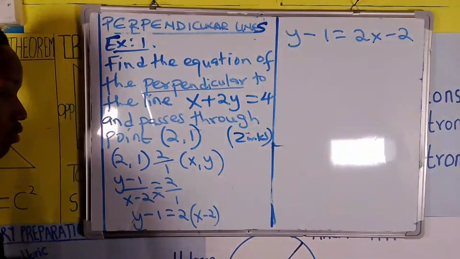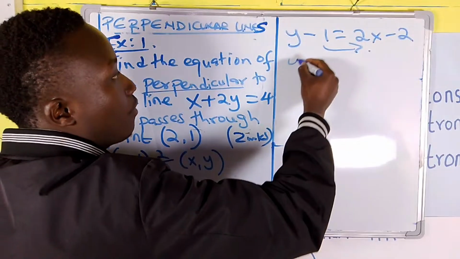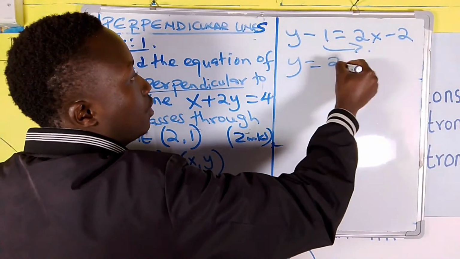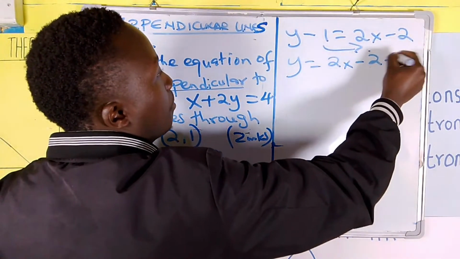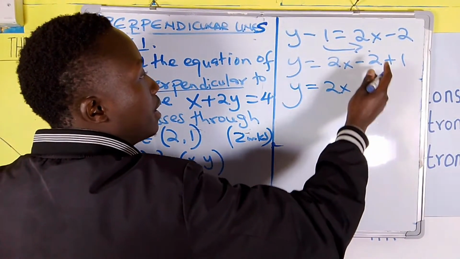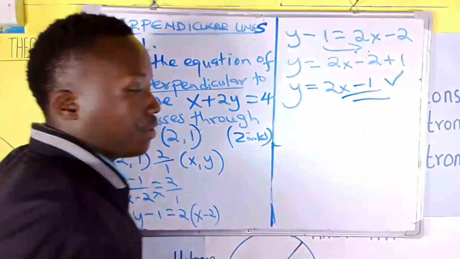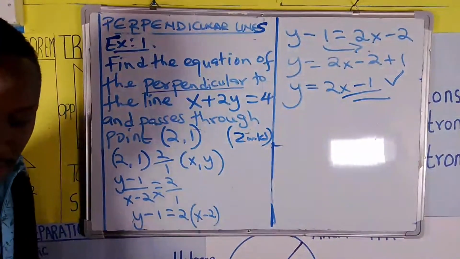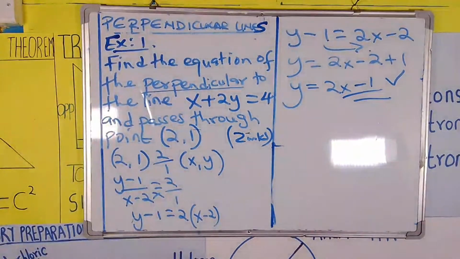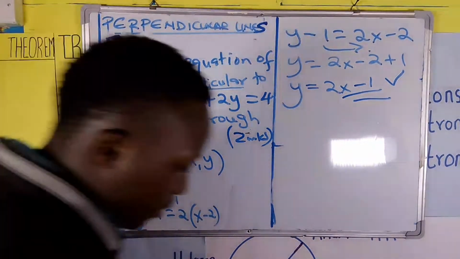If we take -1 to the other side of the equal sign, we will have y equals 2x minus 2 plus 1, and that will be y equals 2x minus 1. That will be the equation of our line.